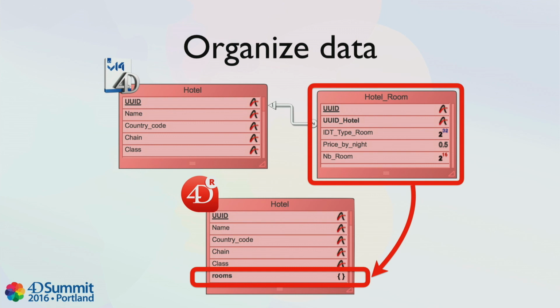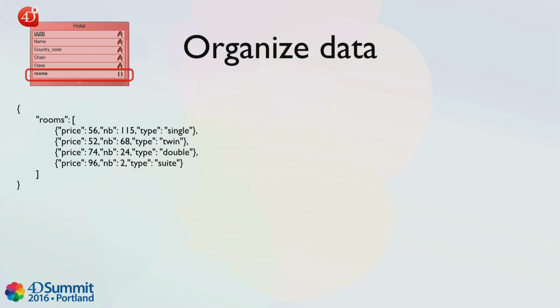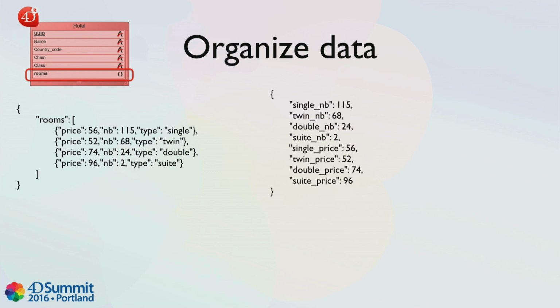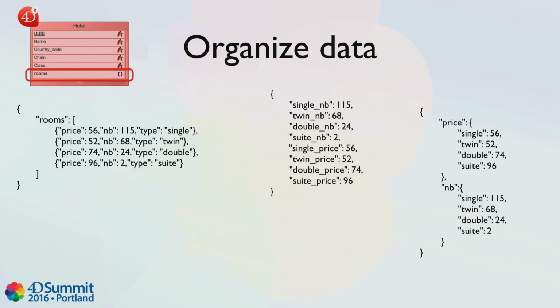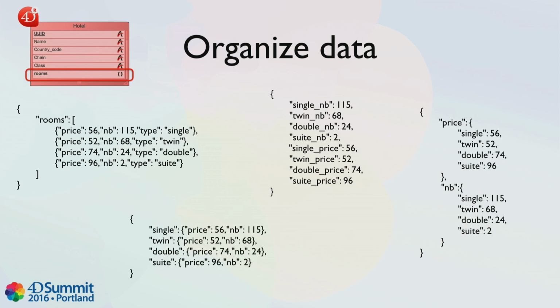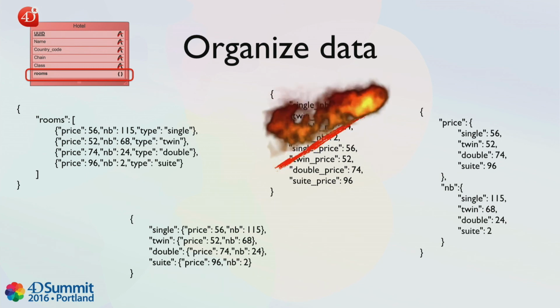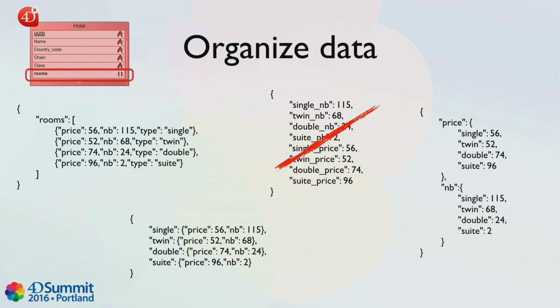I have different ways to organize the object. Maybe this, or this one, or this one, or this one. Which is the best one? Probably not this one, because it's two attributes in one.